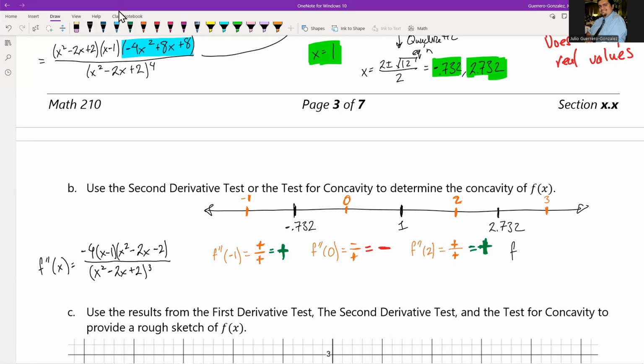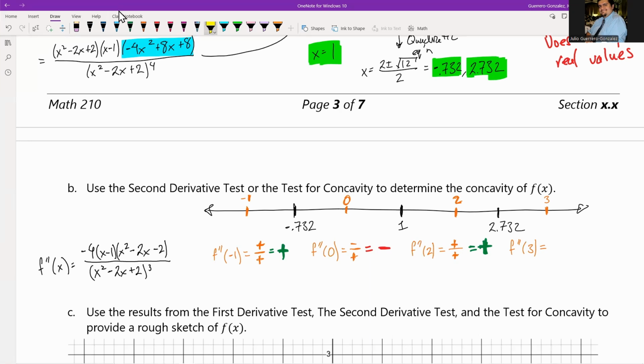F, whoops, wrong color. F double prime of 3. 3 minus 1 is going to be 2. 3 squared, 9, minus 6, minus 2.